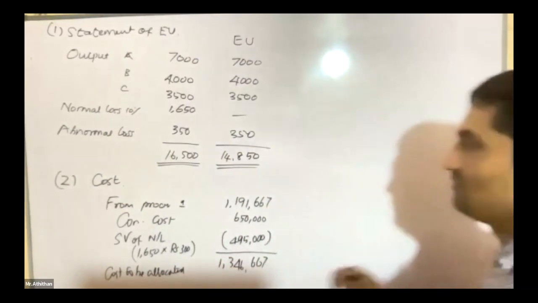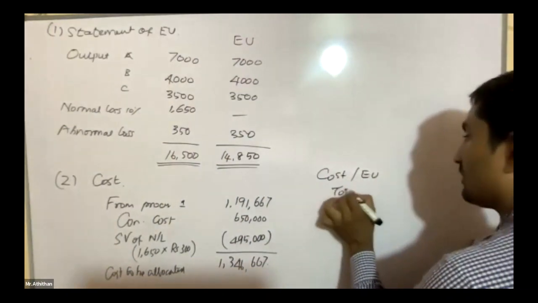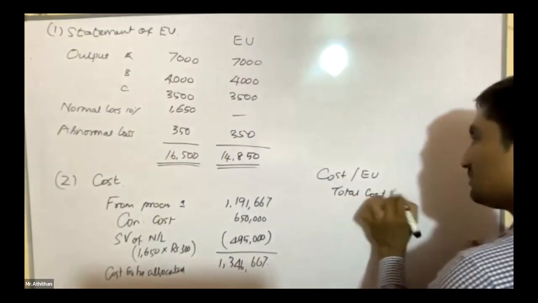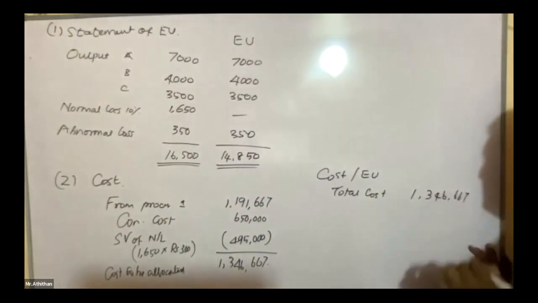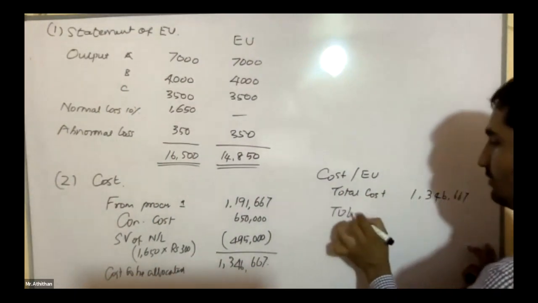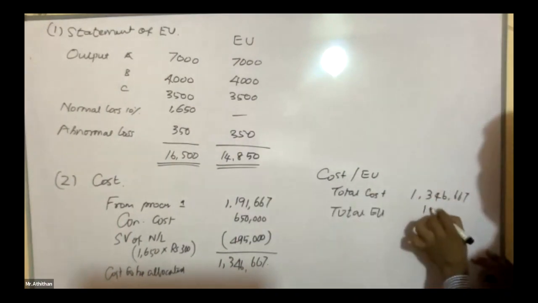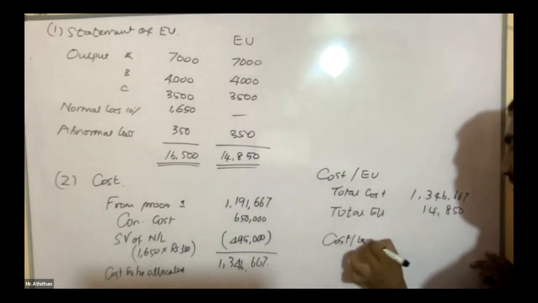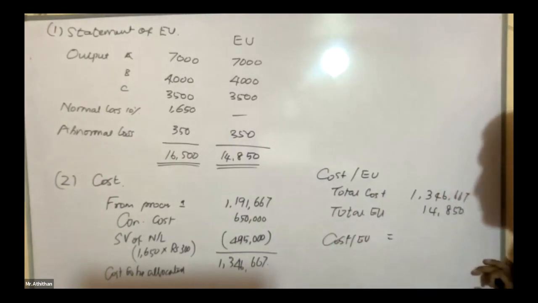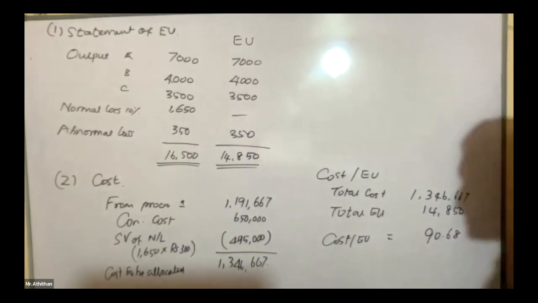1,346,667. Right. Cost per EU: total cost 1,346,667, total EU 14,850. Cost per EU 90.68.